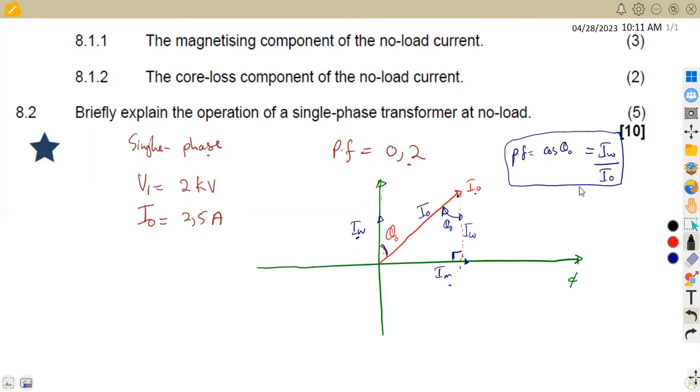If you have to check here, when we said cos theta, it is actually taken from adjacent over hypotenuse, which according to this theta, this is your adjacent, which is the working current, over the hypotenuse, which is your no load current.